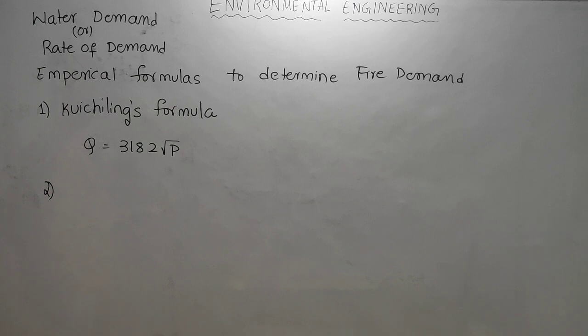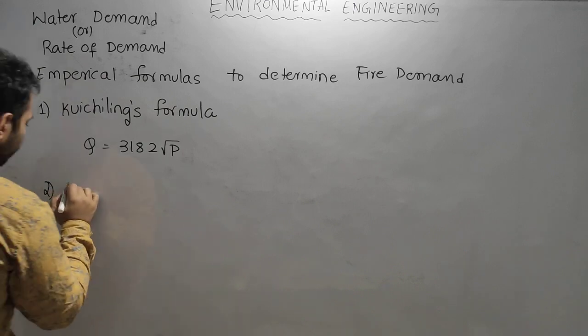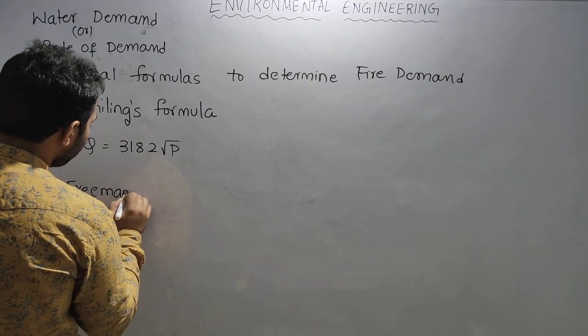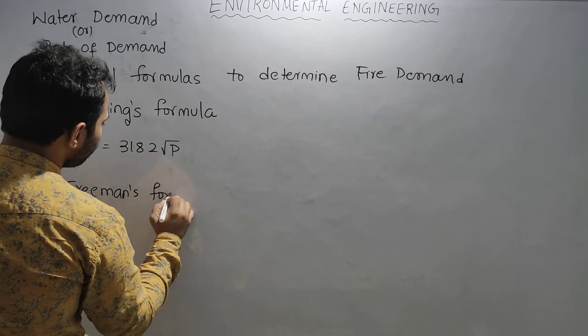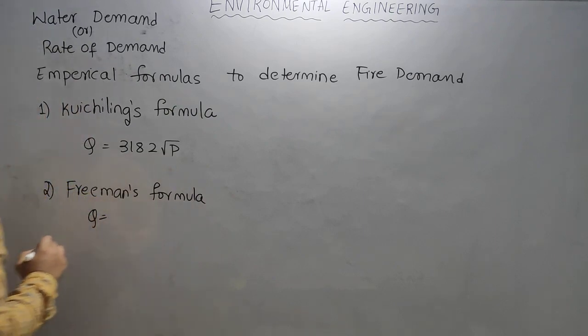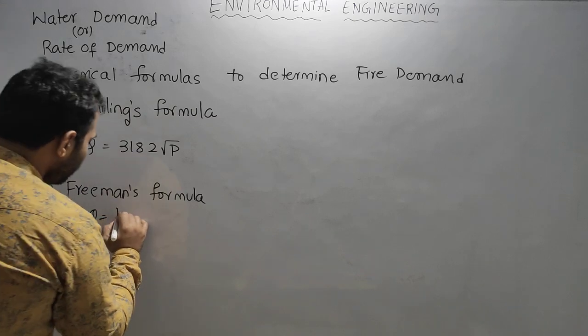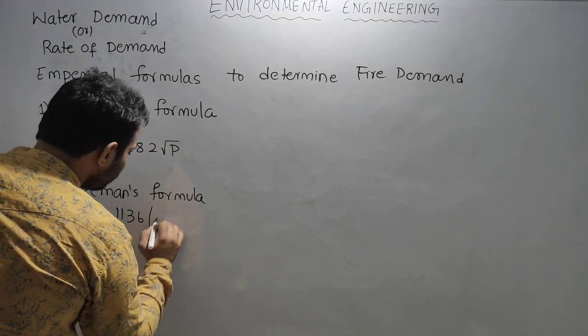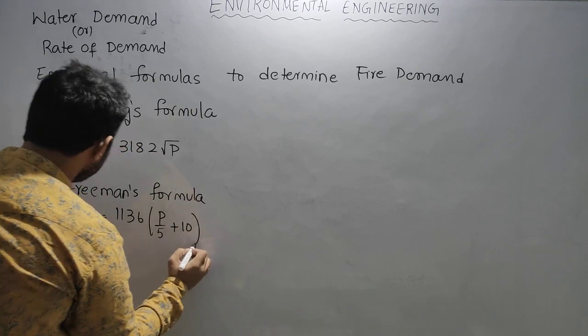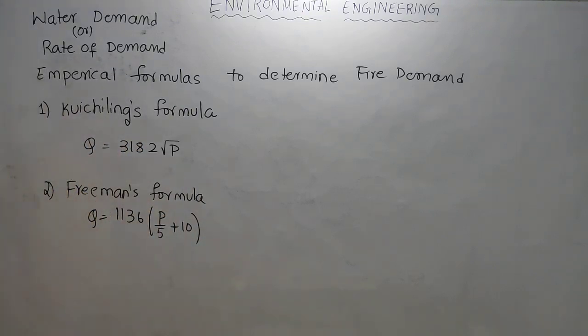Freeman's formula: Q is equal to 1136 into (P by 5 plus 10). This is Freeman's formula.